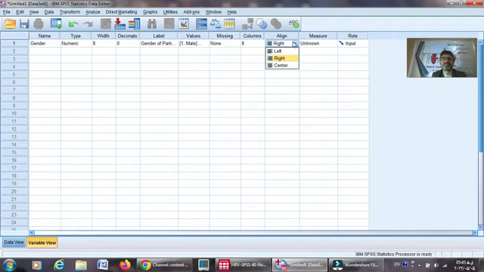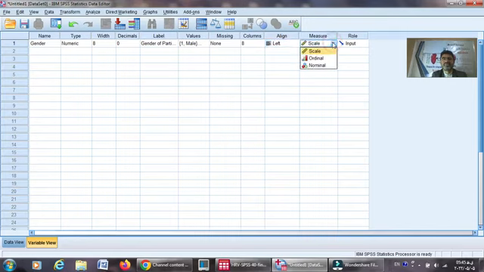Alignment, we choose left, right, or center based on the requirement of our data, but mostly it's better to choose left when we use numbers for basic information.